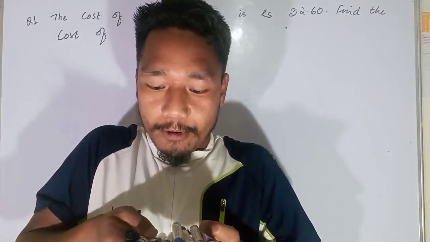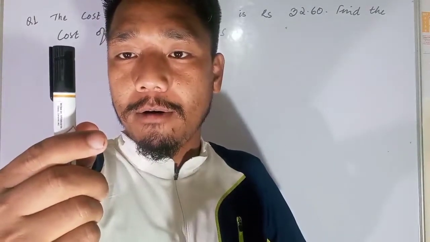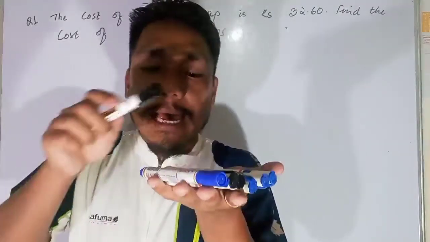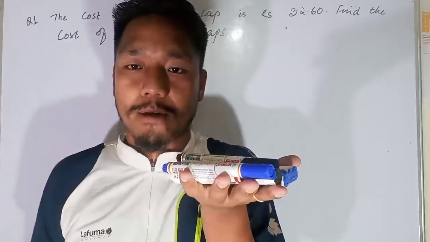Now I know that the cost of one marker is 20 rupees. The cost of one marker is how much? 20 rupees. Now the cost of 8 markers will be how much?